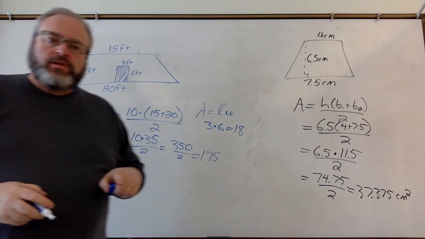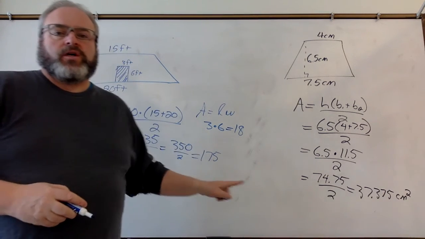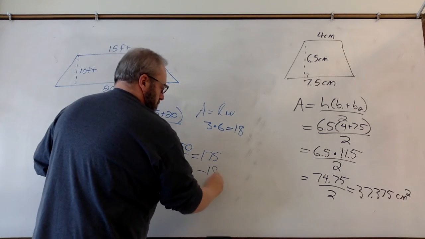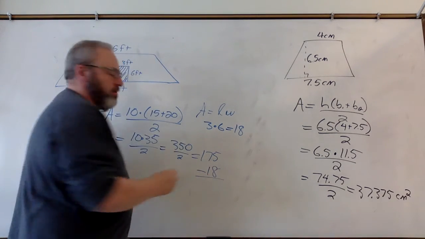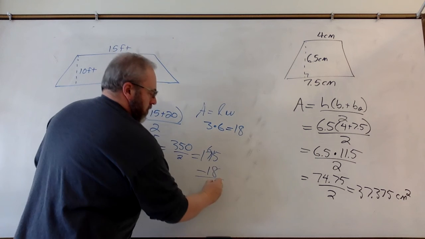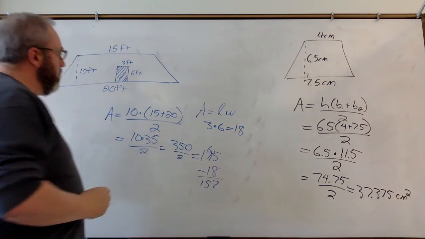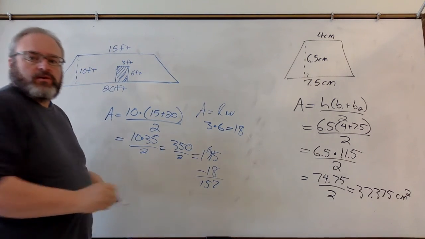Since we don't want to include that section, we need to subtract it from our trapezoid area. And we get 157. So 157 square feet.